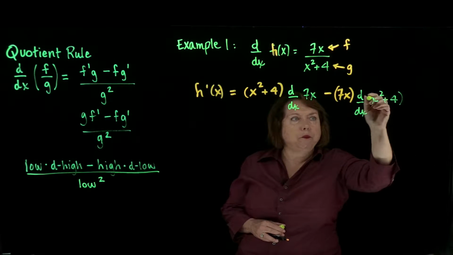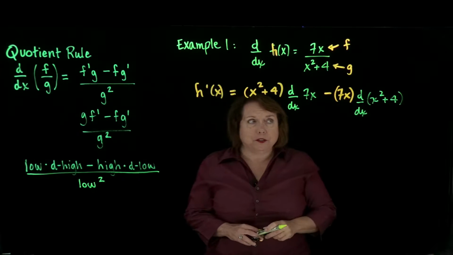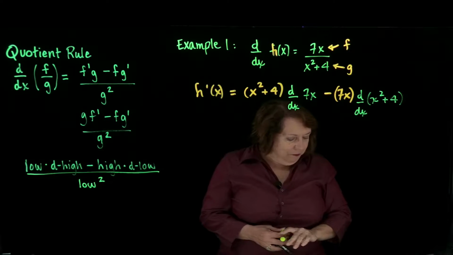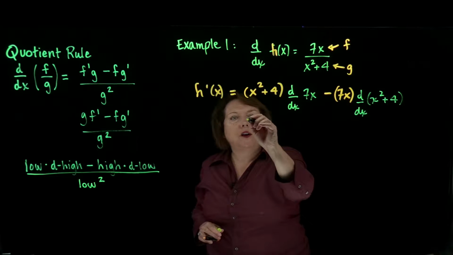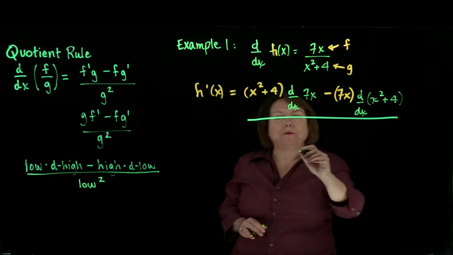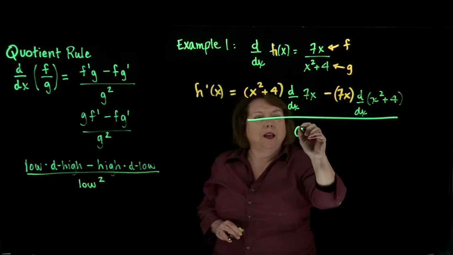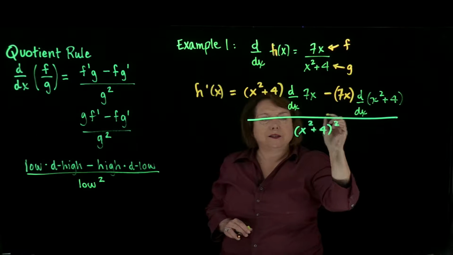And I'm going to put that in parentheses just because I'm taking the derivative of both terms of that function. And then what are we dividing it all by? We're dividing by our low function squared. So our low function g squared, x squared plus 4, that whole quantity squared.